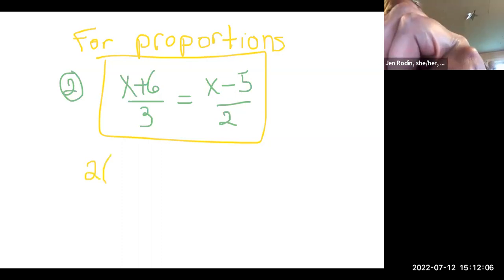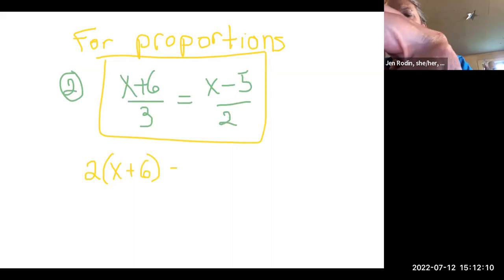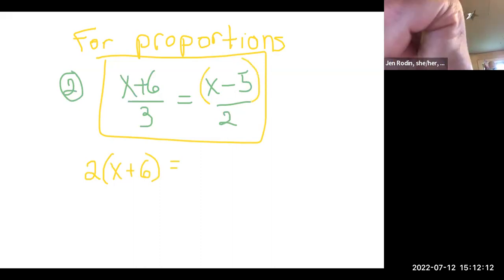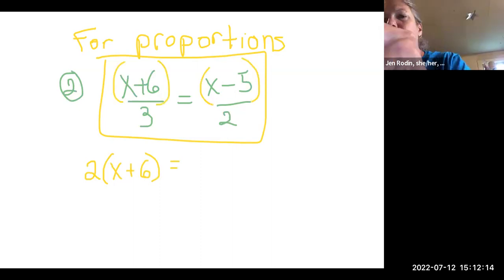Cross products. 2 times (x + 6). Keep those parentheses on there at first, so we remember to distribute.